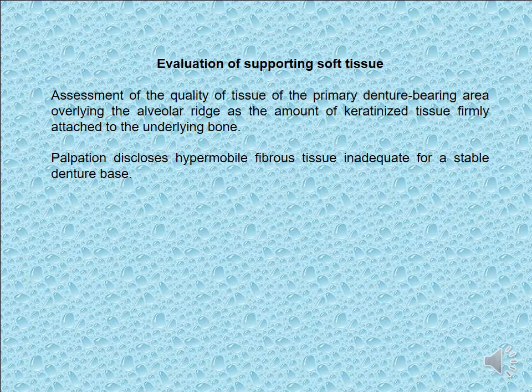Palpation discloses hypermobile fibrous tissue, inadequate for a stable denture base. So, by moving the mucosa, if there is any movement, it is called hypermobile fibrous tissue. This does not give a good impression for the upper and lower jaw. So we must remove the mobile fibrous tissue and then make a denture.